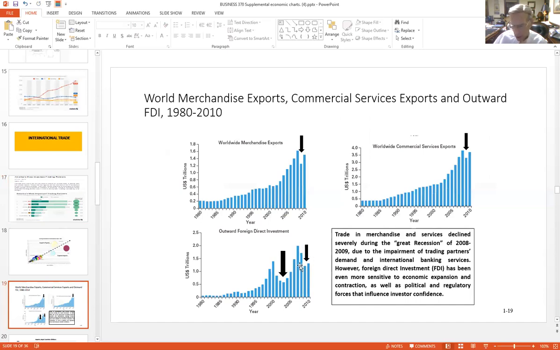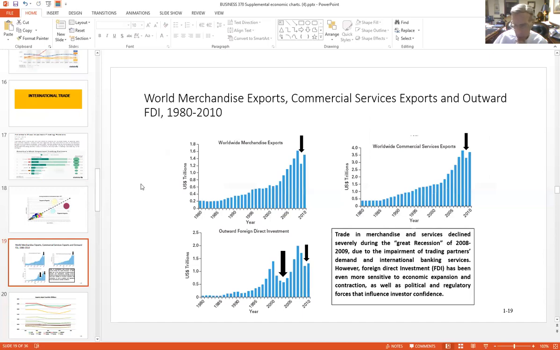And although the data aren't on this chart, I can tell you that once again, it took quite a while to dig our way out of that hole. And when I say our way, I mean the world. These charts reflect worldwide exports of merchandise, services, and then capital, the placement of capital between nations.